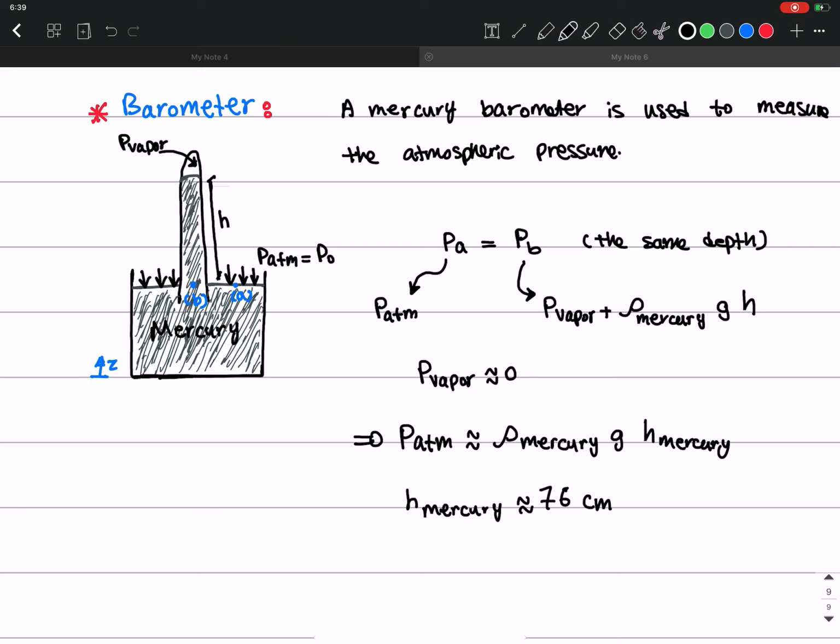And why didn't we use water? Why don't we use water to measure atmospheric pressure?